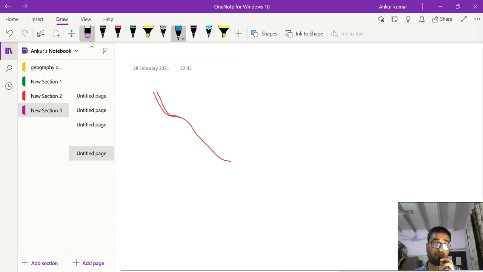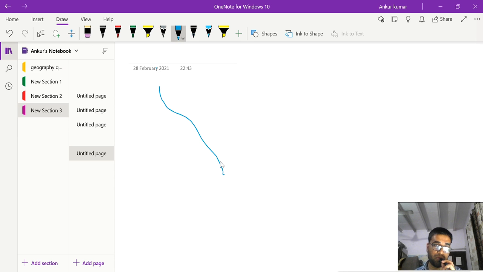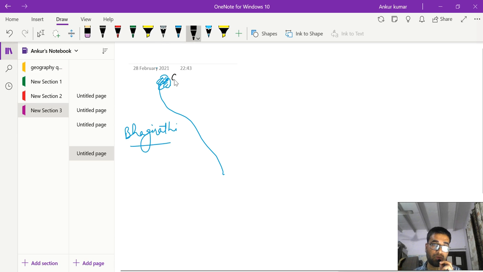See, this is the Bhagirathi River, right? And Bhagirathi River originates from Gangotri Glacier. This is Gangotri Glacier here. And this is Bhagirathi River.